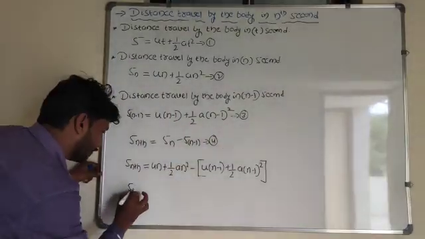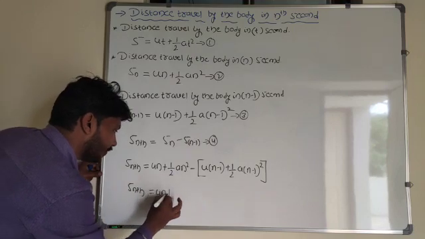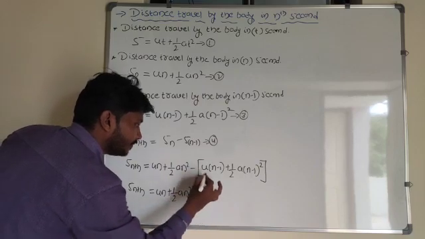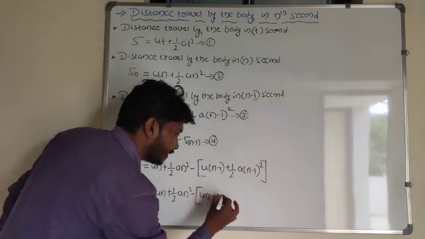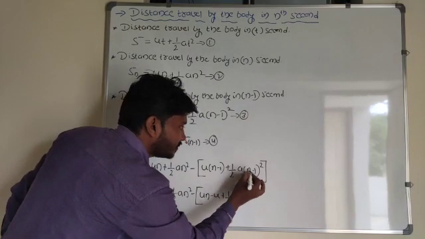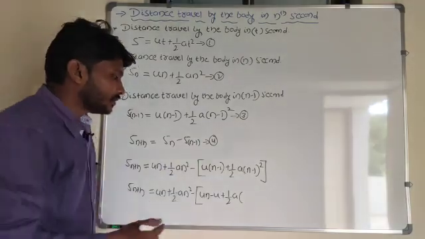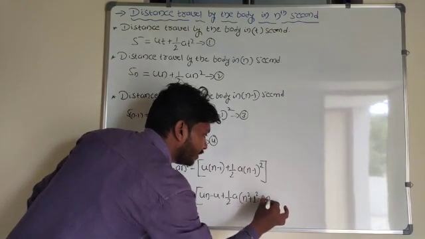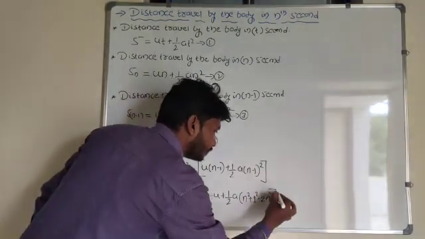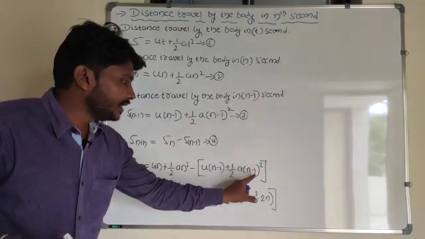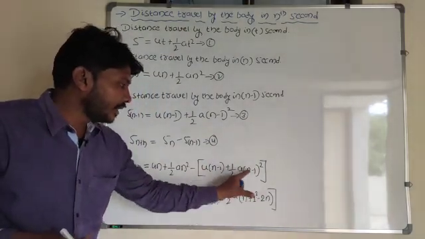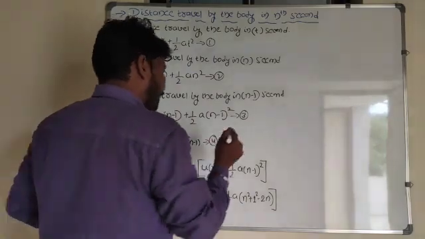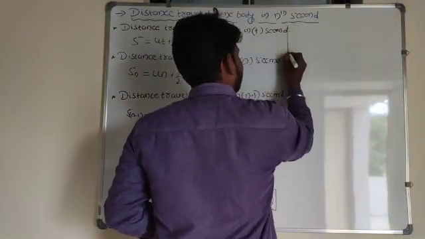So the distance traveled in the nth second: u into n plus half of a into n square, minus u into n minus u, plus half of a. This is in the form of a minus b whole square, so I take it as a square plus b square minus 2ab. Hope you understand this a minus b form. Here a is n and b is 1. Let me simplify this equation further.